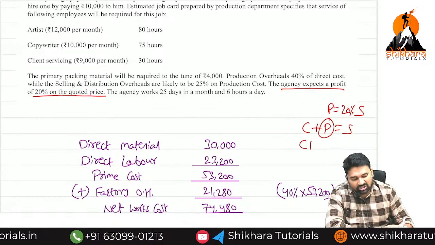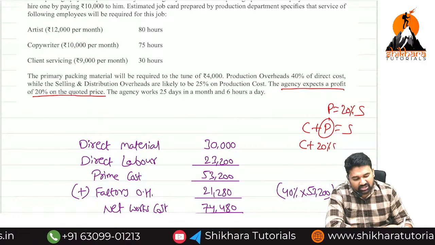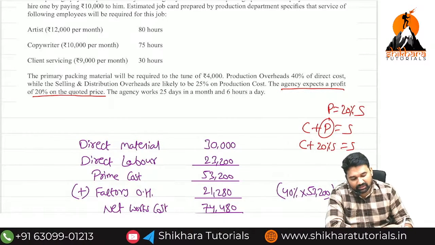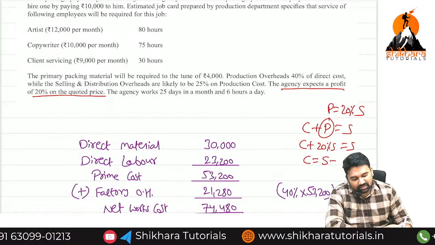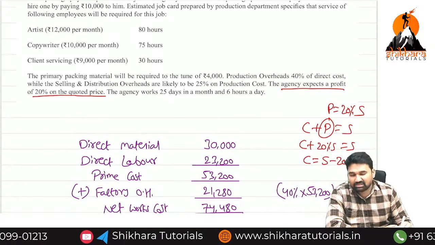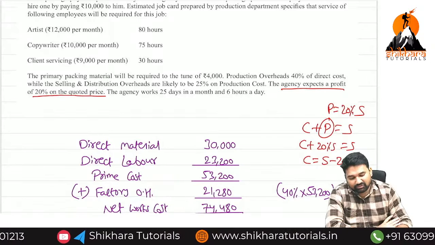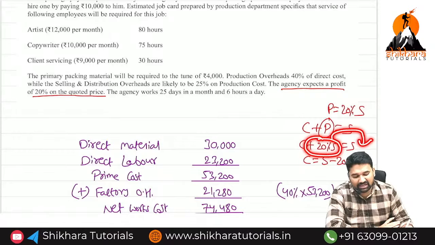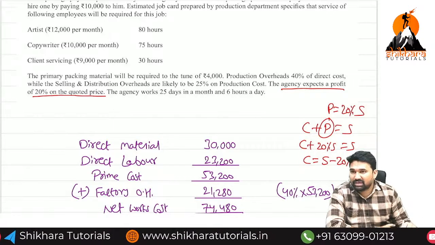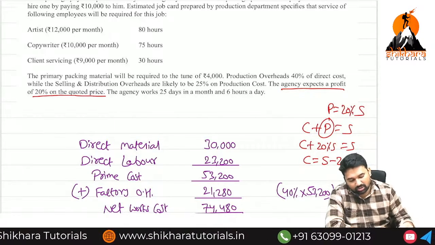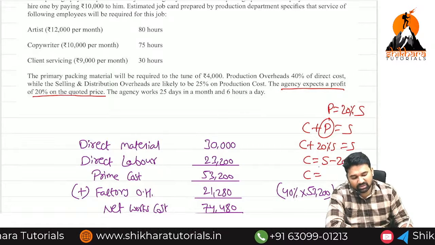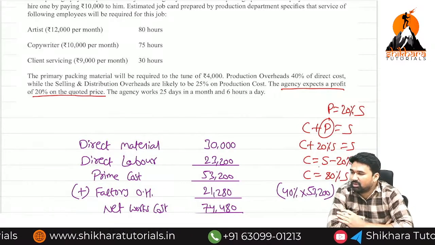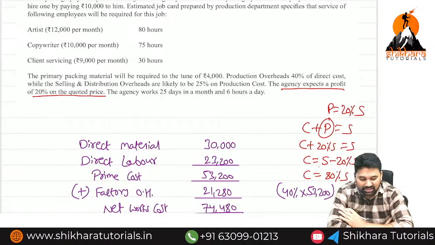So cost plus 20% of S is equal to S. That means cost is equal to S minus 20% S. When you take this to the opposite side, the plus sign will become minus. So cost is equal to 80% S or 0.8 S. This is the simple thing.